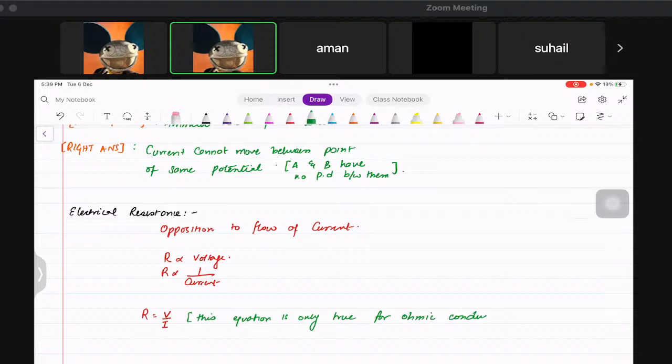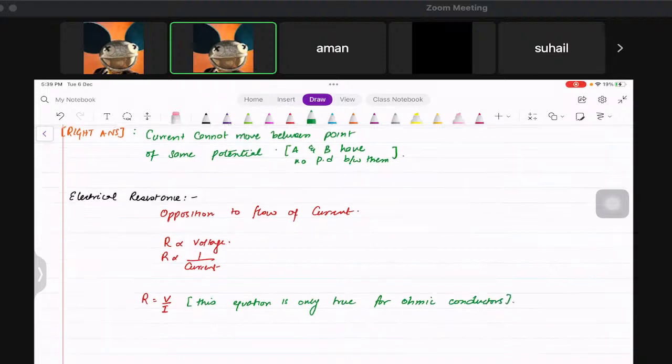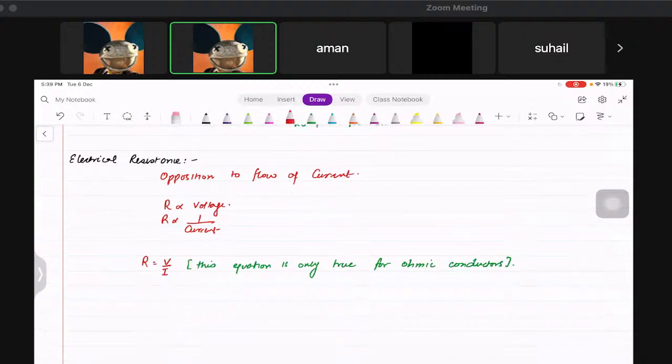So you can't use this equation everywhere, so remember that. And I'll tell you what ohmic conductors are in a bit. Now the symbol for resistance is R, and the SI unit is ohms. Like that. Please write this down.